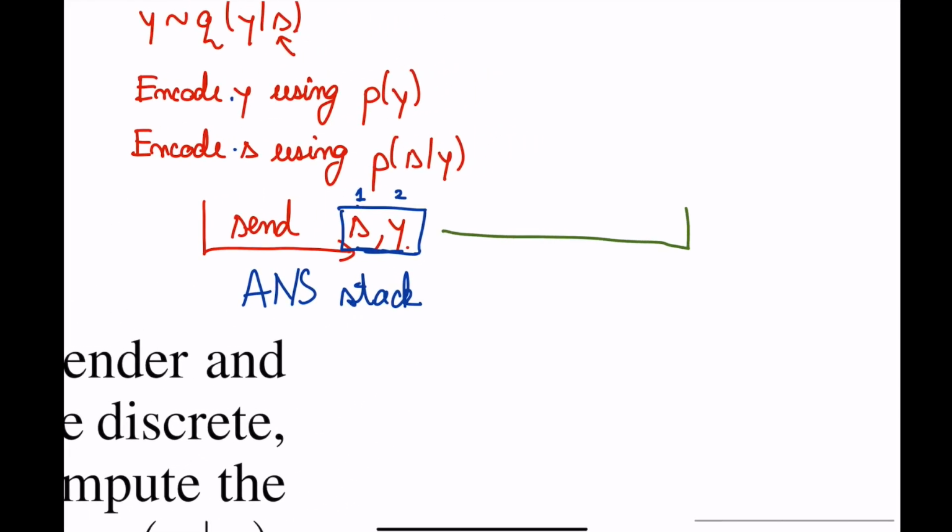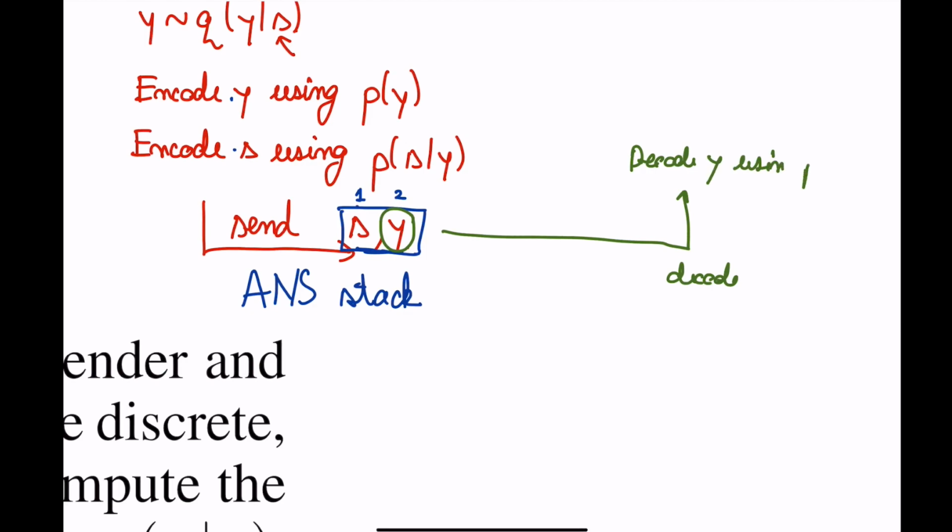So when we get to the decoder, we firstly look at Y. So we decode Y using our prior distribution. The receiver knows this prior distribution. We tell it beforehand.